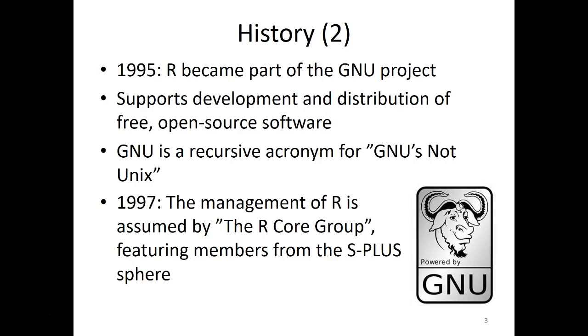So the management was transferred to something called the R core group, which is really a large group of bearded men. And a lot of the members in the R core group come from the S+ sphere and work there daytime and manage R in their spare time, indicating that there is no hard feelings between the two programs, so to say.